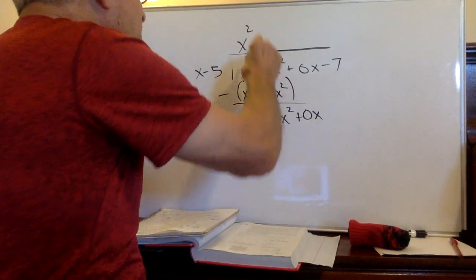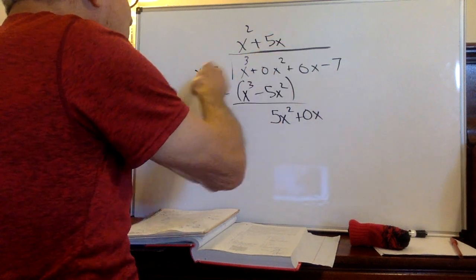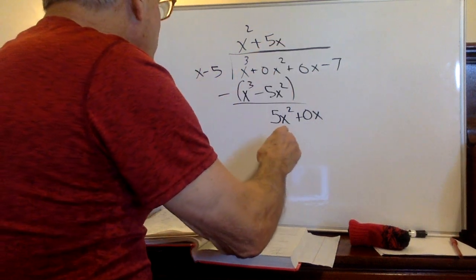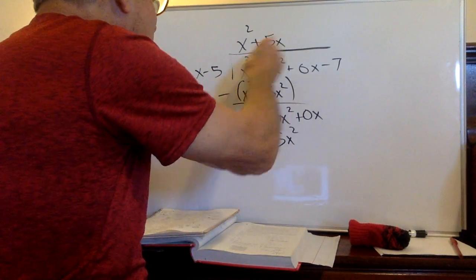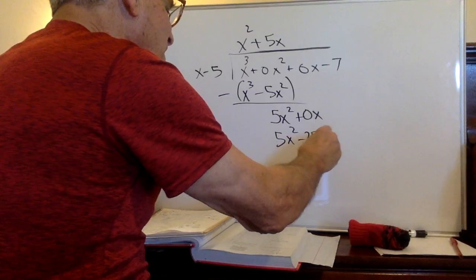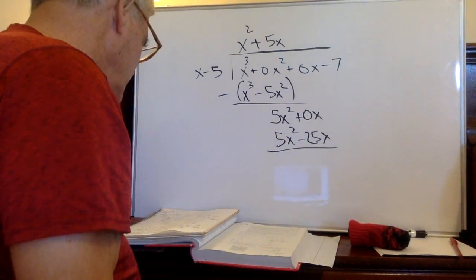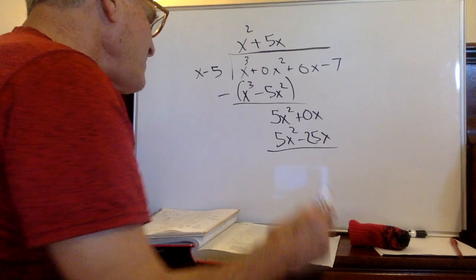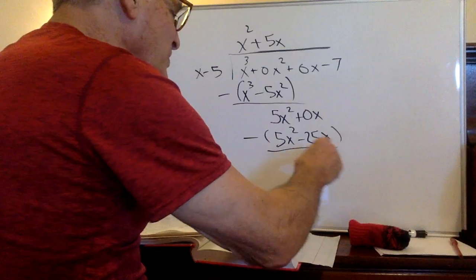X times what gives me 5x squared? Plus 5x. You multiply positive 5x times the whole divisor, you get 5x squared minus 25x. Enclose in parentheses and subtract. First term disappears.